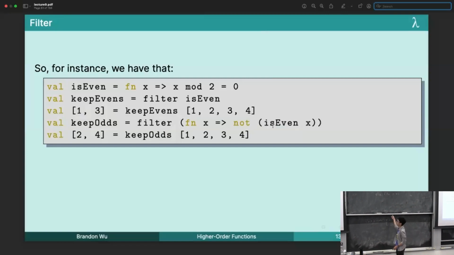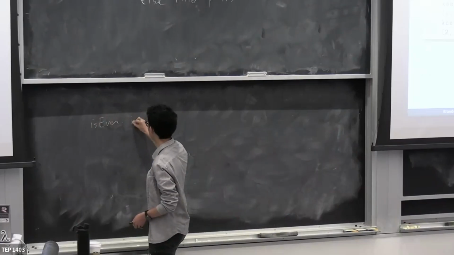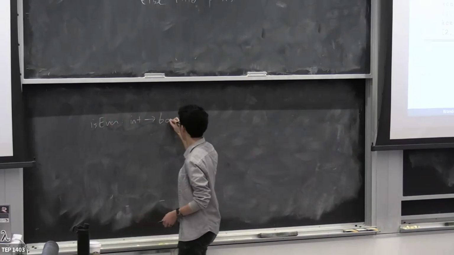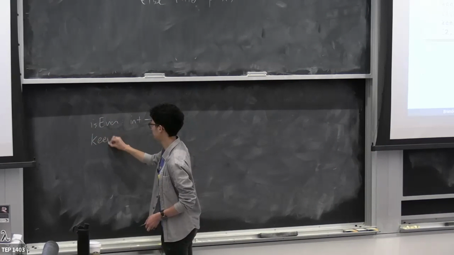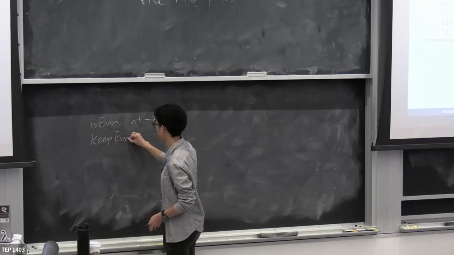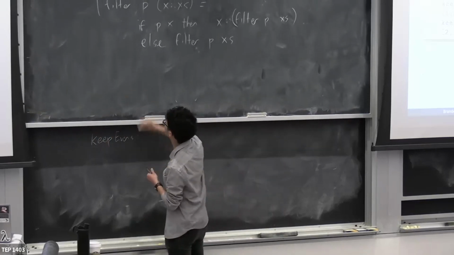Let's actually work through it. What is the type of keep evens? Can someone tell me? What do people think? I claim to you is even is of type int to bool. What about keep evens, which is the application of filter? I realize I put away the type definition of filter, so maybe it'll help if I write it out up here.